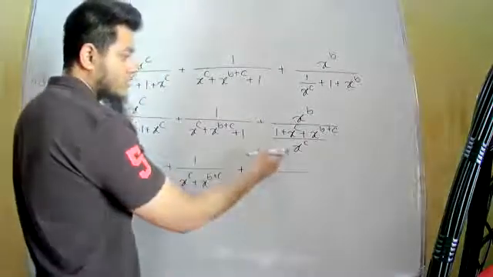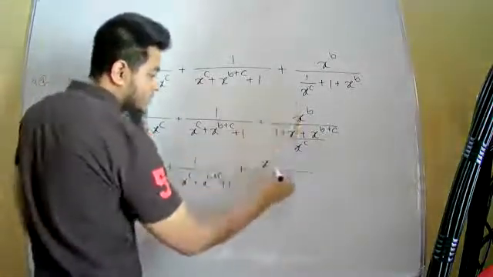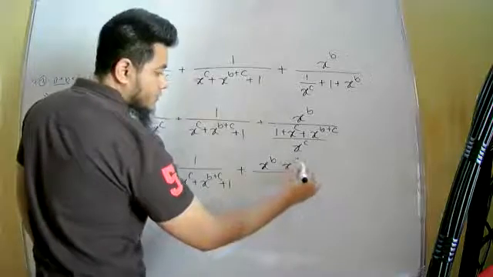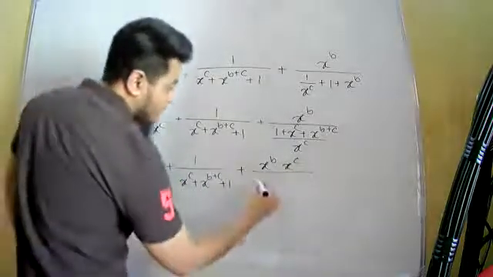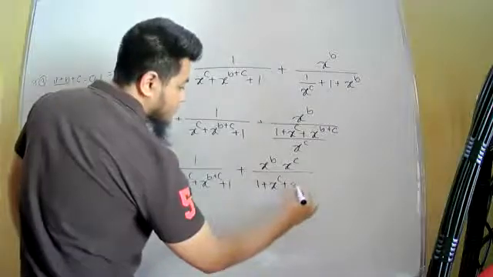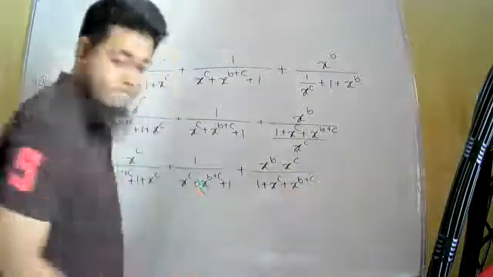So this x to the power c will come in the numerator, x to the power b into x to the power c, okay, and 1 plus x to the power c.